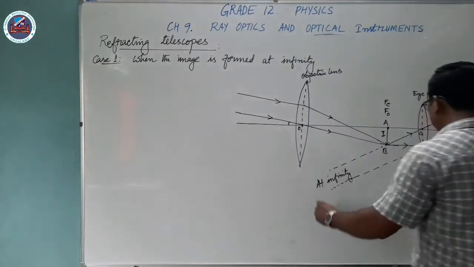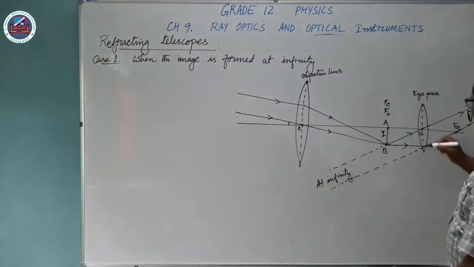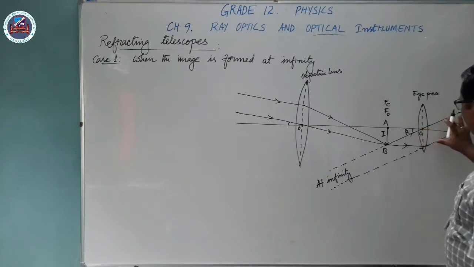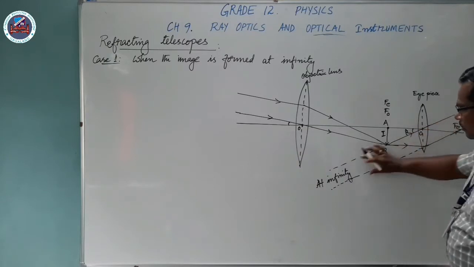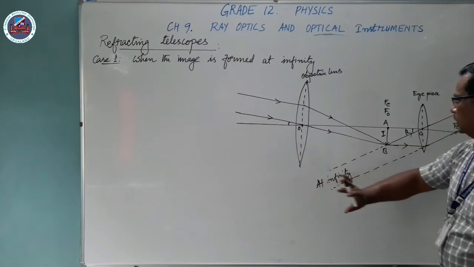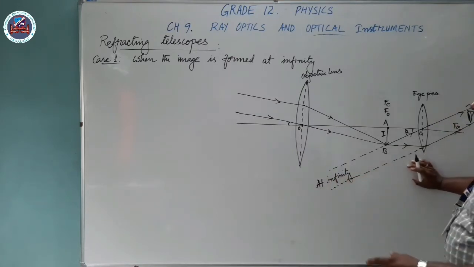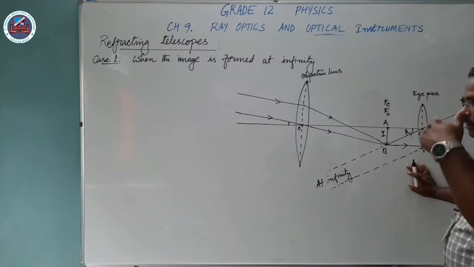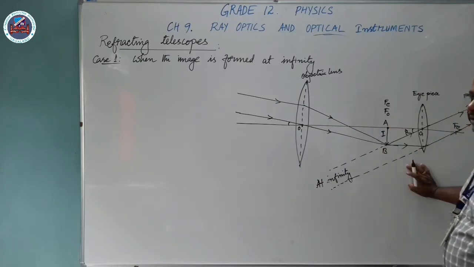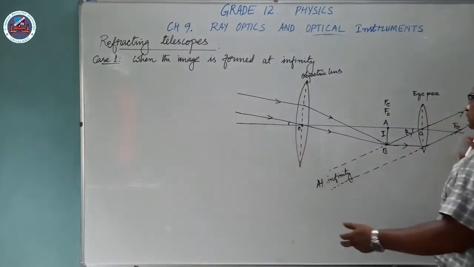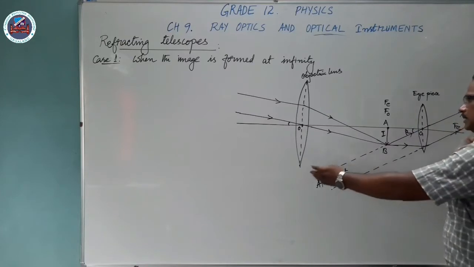While looking at the final image, the ratio between this angle beta, which is the angle subtended by our eye at the final image, divided by the angle subtended by our eye while observing the object. But when you consider the distance of the object from us, this distance is negligible.